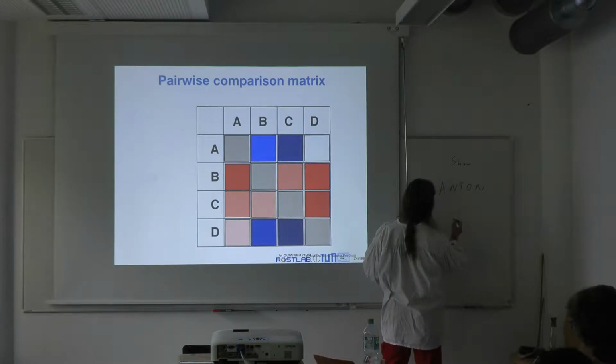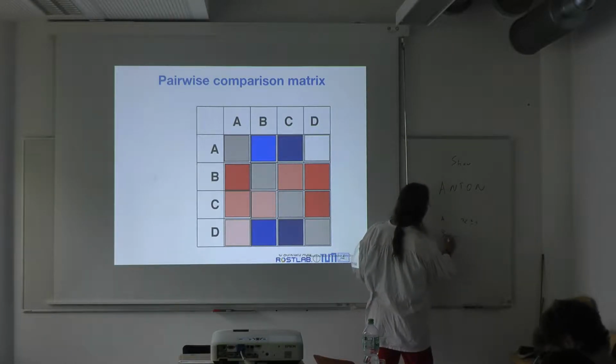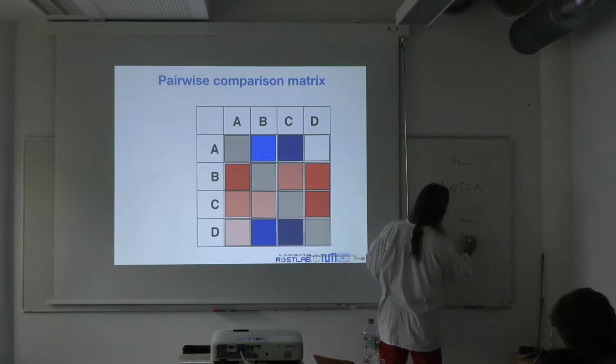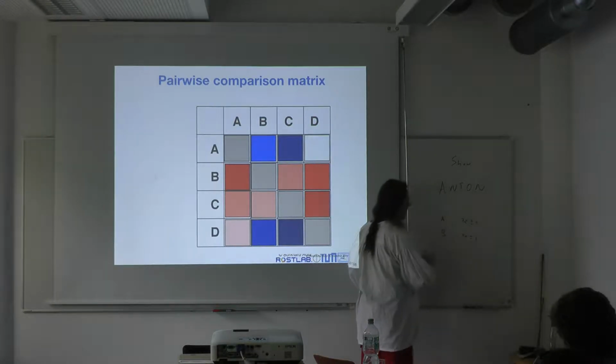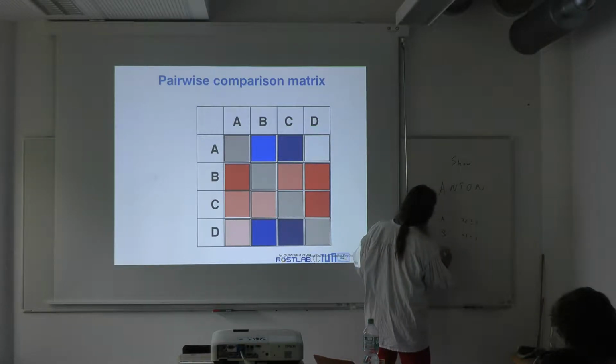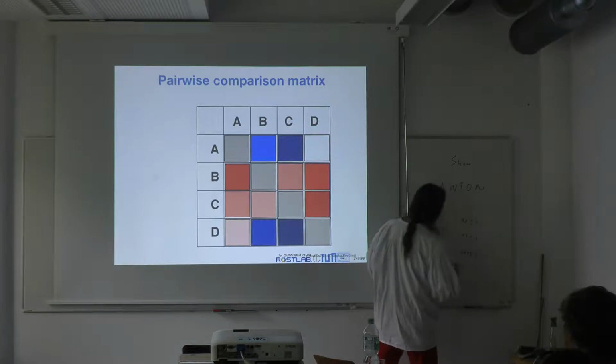So you have an accuracy, whatever that means, of method A, which is 72, plus minus 1 as a standard error, and B has, say, 70 plus minus 1, or 71, and C has 69.5 plus minus 1.